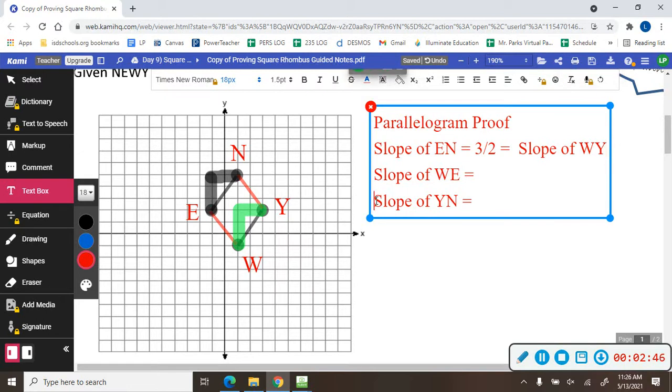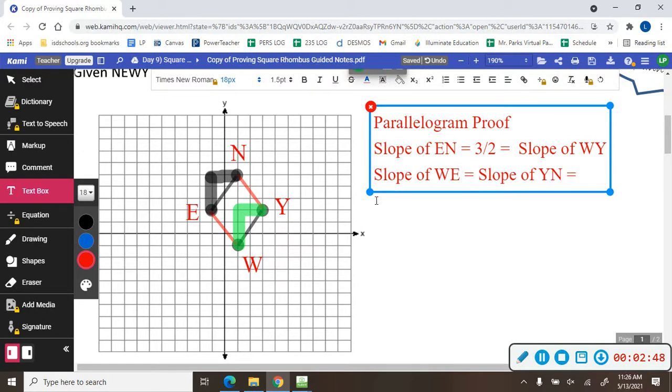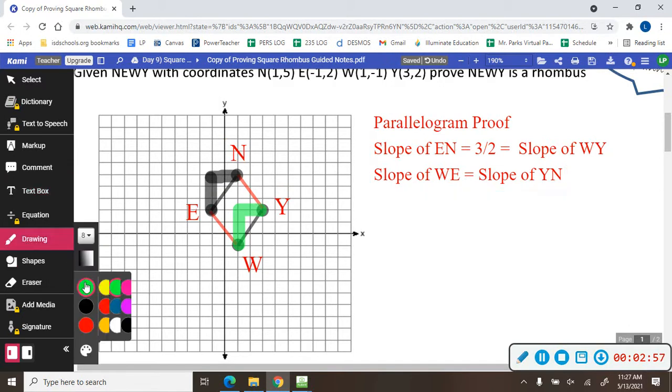Now we need to prove that the slope of WE equals the slope of YN. And so I find the slope of WE. This one's going down, so it's going to be negative. If I start here, I go down 1, 2, 3 over 2. That's negative 3 over 2.